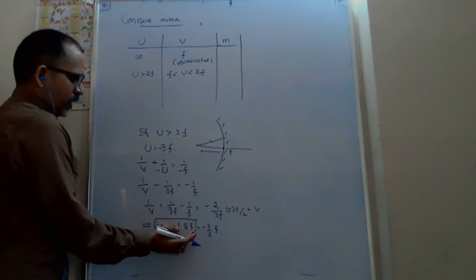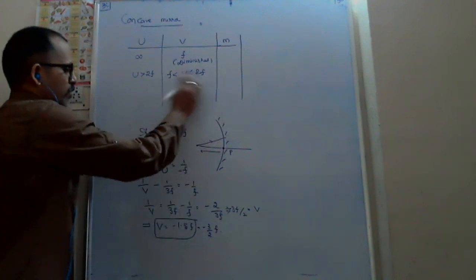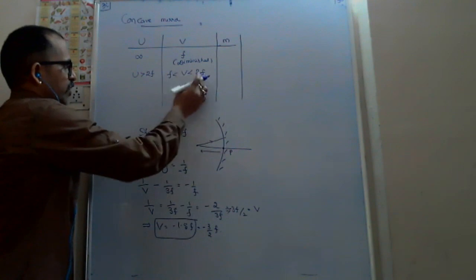That's what you told already, sir: it lies between f and 2f. Yes, 1.5 lies between f and 2f. Correct.